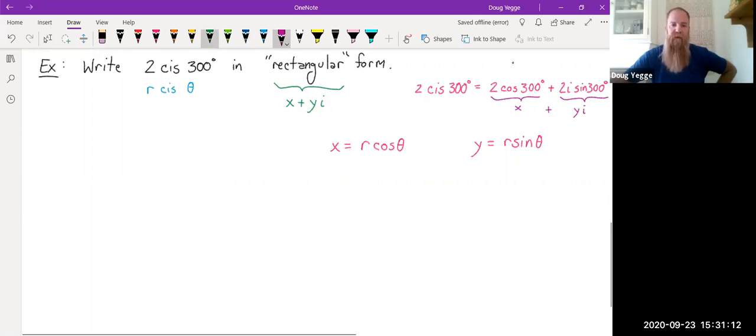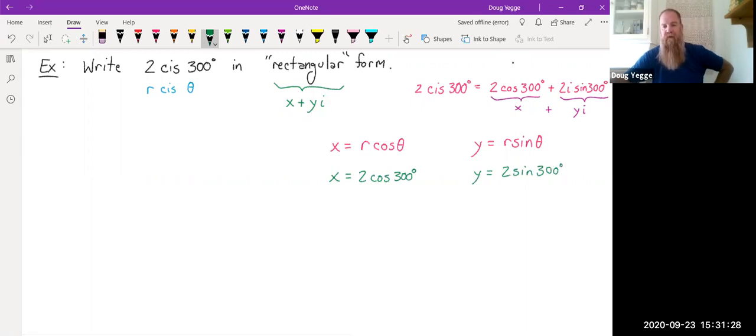So we could find those both separately and recognize that x is simply 2 times cosine of 300 degrees, and y is 2 times sine of 300 degrees. Now remember, 300 degrees is in the fourth quadrant. It's a steep angle in the fourth quadrant. So we're left with x equals 2 times the cosine of that, which is positive 1/2. And sine of 300 is negative square root of 3 over 2.